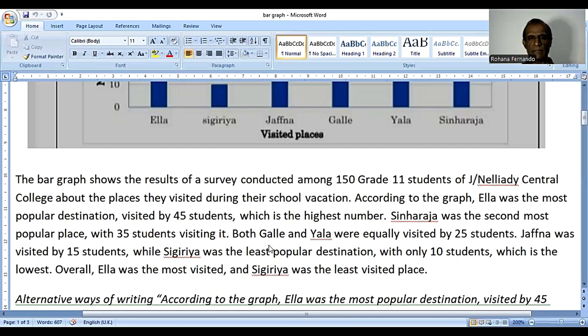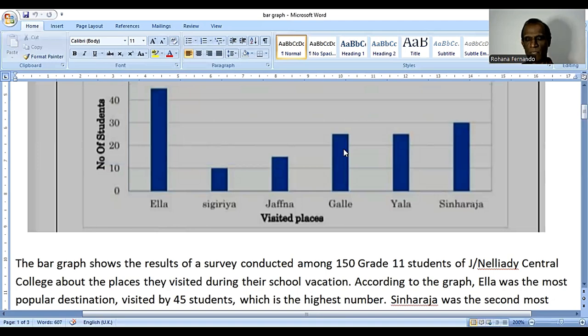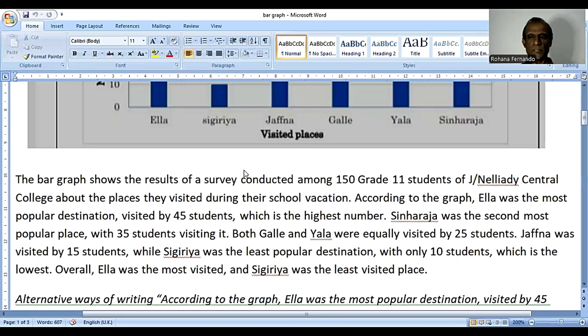Jaffna was visited by 15 students, while Sigiriya was the least popular destination, with only 10 students, which is the lowest. Again, we have put the lowest at the end, right, which is the lowest.